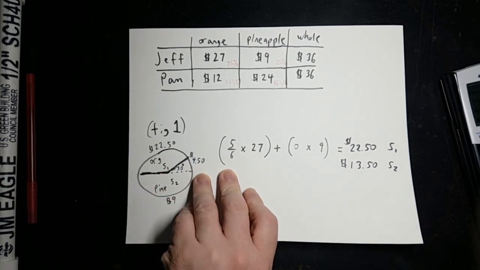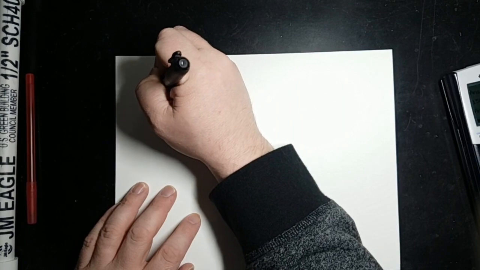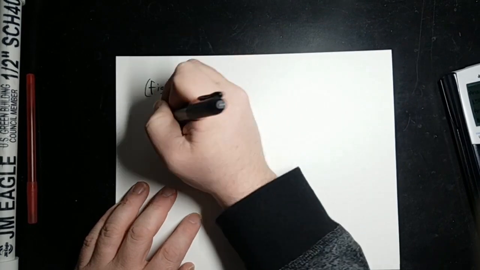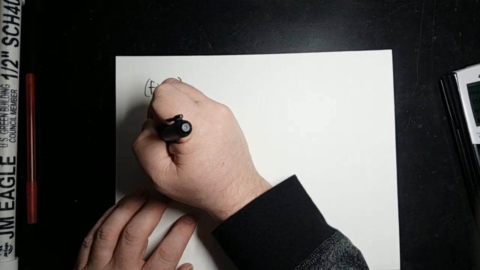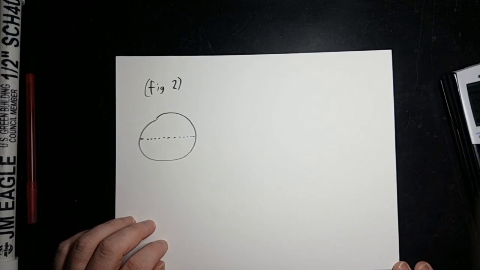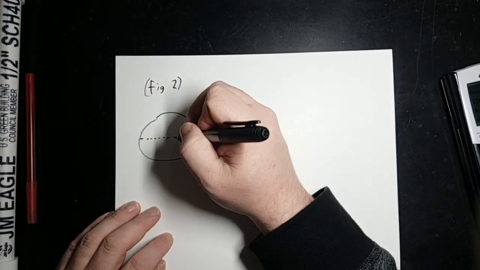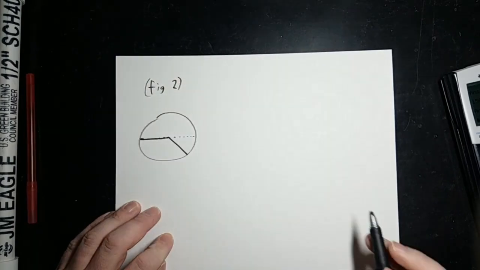Let's do one more of these together. Here we go. Let's look at figure 2. In figure 2, orange is the one on top, pineapple is the one on bottom, and the cut was made at 45 degrees.